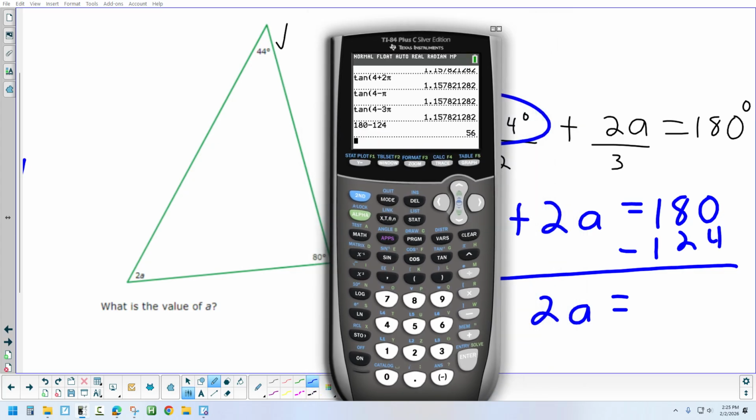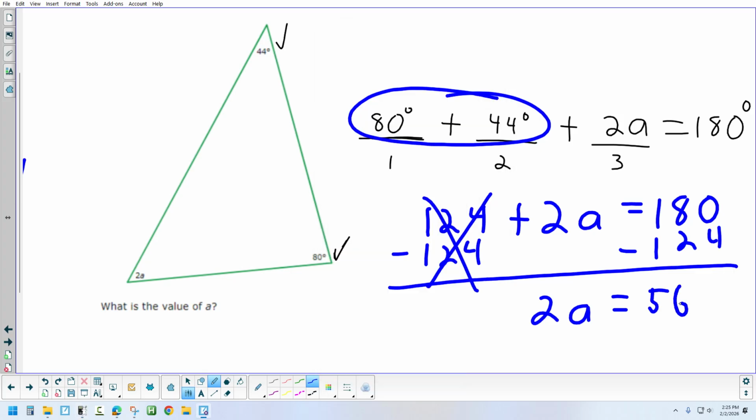That's it. 56. Okay, so is a 56? Right, we have to divide by 2. This angle is 56, because that's 2a, and we know what 2a is. But the question wasn't what's 2a, the question is what's a. So what's 56 divided by 2? 28. Yep, so a is 28.